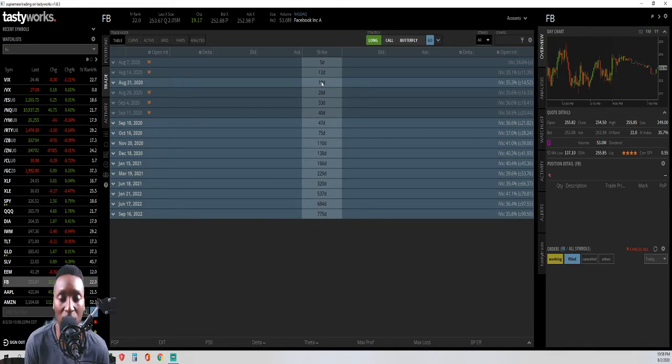So what one would use options for is to either hedge a portfolio, or you can use it for speculation and trading. You can reduce your overall risk with options trading.